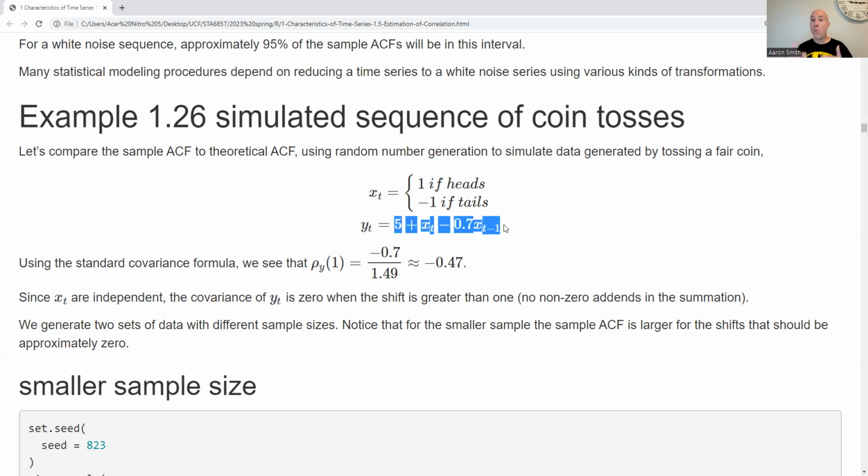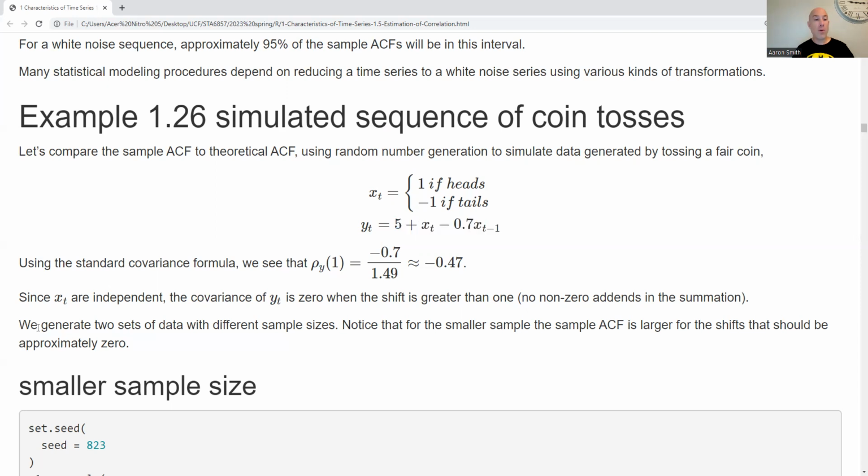So it'll be 0, 1, or 2. That's the number of non-zero terms in the covariance summation. And so once they get outside of each other, so I'll have here, here, here, and then nothing, then the covariance will be equal to 0 every single time.